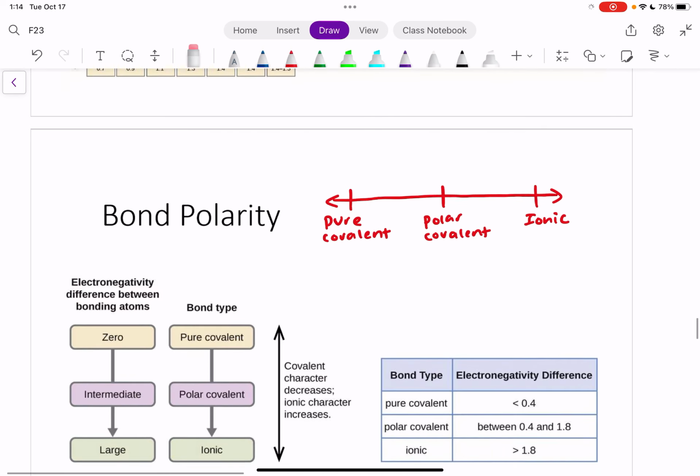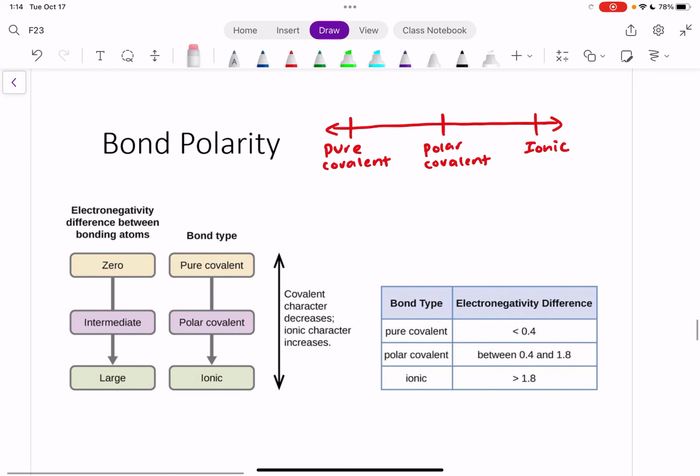The idea with figuring out these bond types is we can quantify: if the difference in electronegativity between our two atoms is less than 0.4, we can call that type of bond pure covalent. If it's greater than 1.8, we can call that ionic.